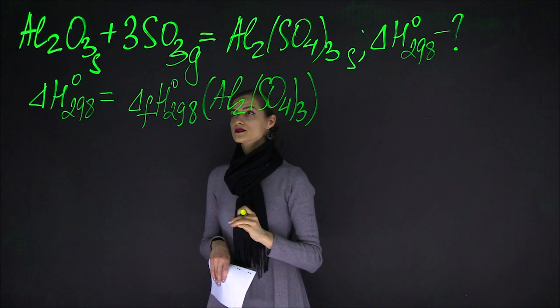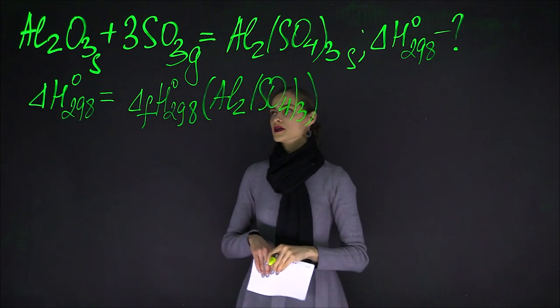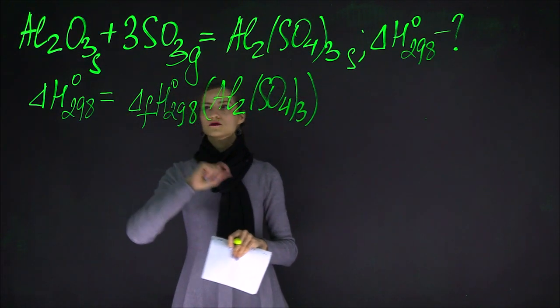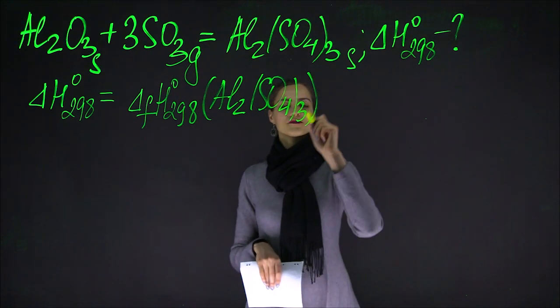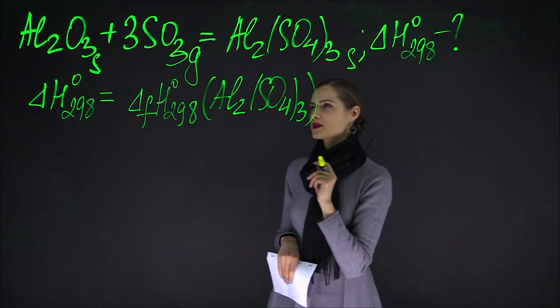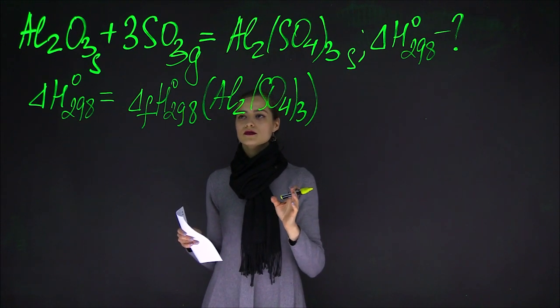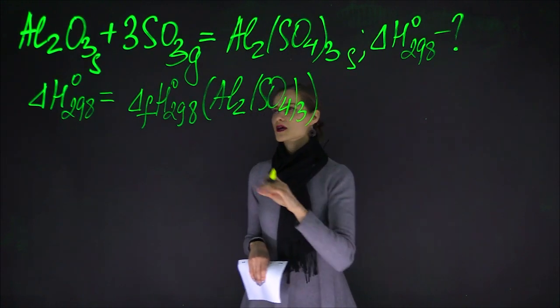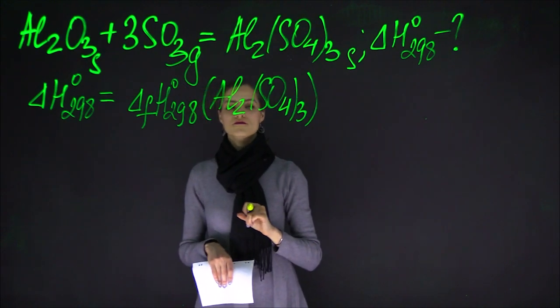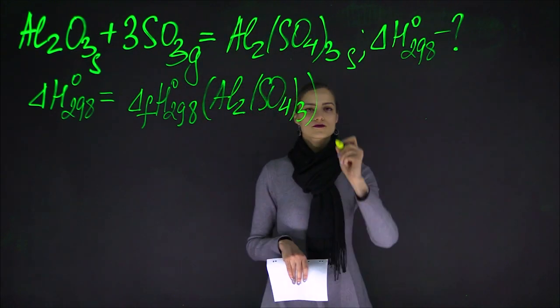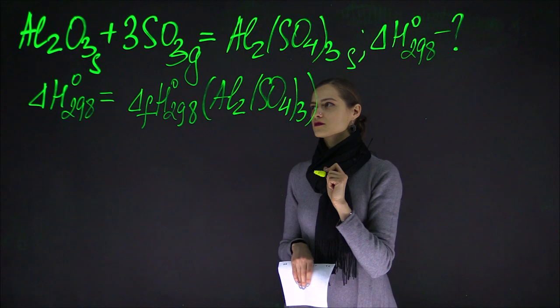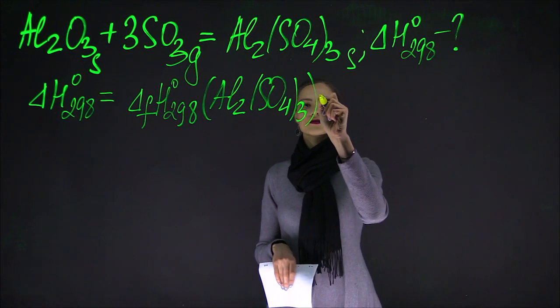And then we need to subtract the standard heat of formation for both oxides, but please remember that standard heat of formation is a heat that's given just for 1 mole of substance. Here we see that 3 moles of SO3 react, so we need to write it in our calculations.